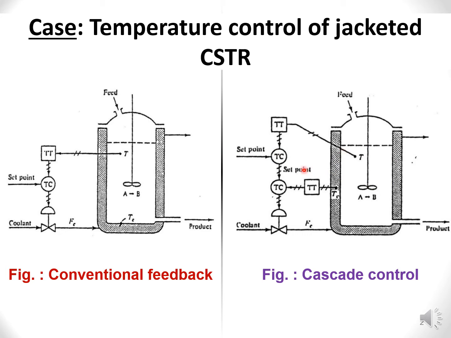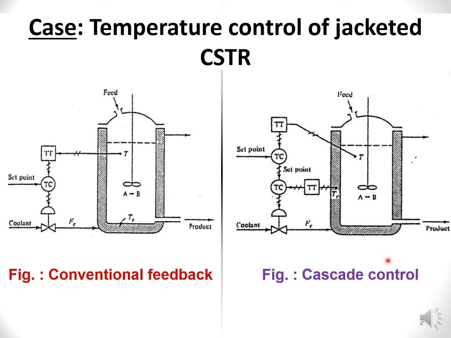But at the same time, the output from this first controller is sent to the second controller, which is controlling the temperature inside the jacket. So we have a loop inside the loop, and this will be manipulating the coolant flow, which is the standard manipulated variable here.